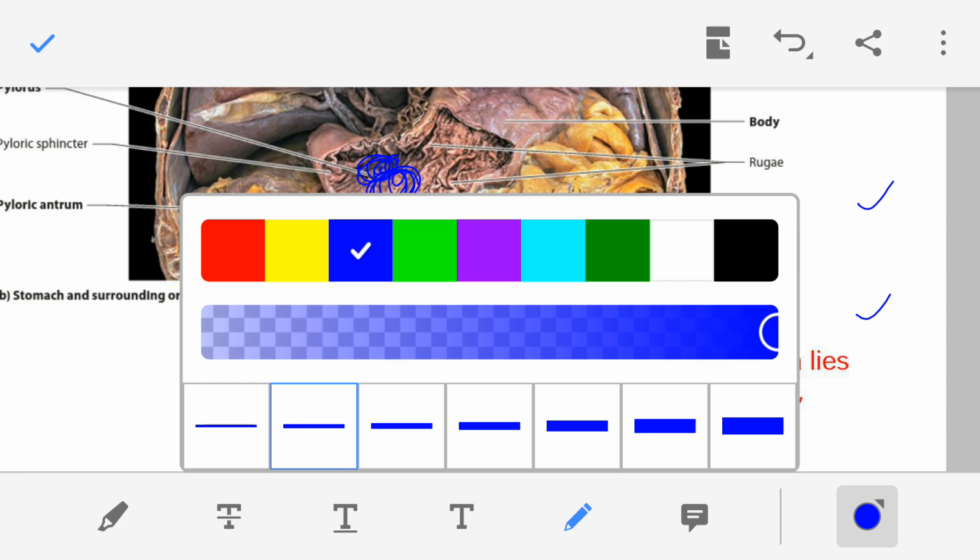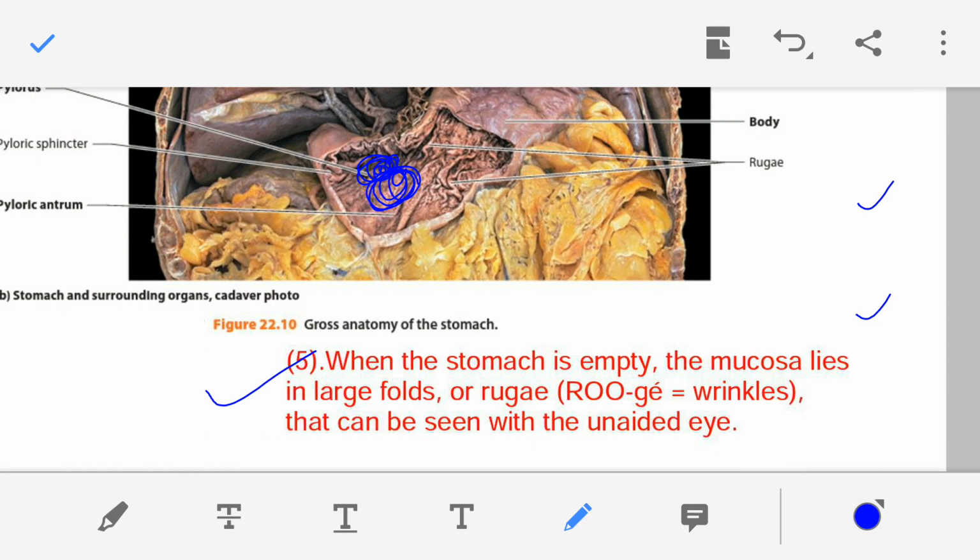This lumen is surrounded by the mucosa, and this mucosa lies in large folds. So when the stomach is empty, the mucosa surrounding the lumen is present in large folds, and these large folds are known as the rugae.